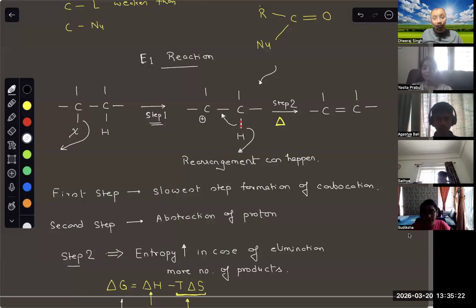No, wait, nucleophile attack on carbon is in substitution. In substitution, the nucleophile attacks carbon. In elimination, where does the nucleophile attack? Hydrogen. It attacks hydrogen to extract H plus.